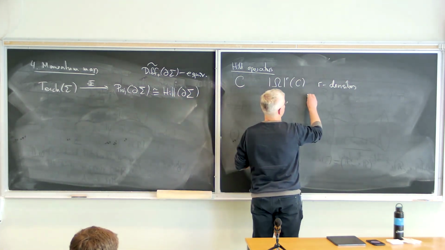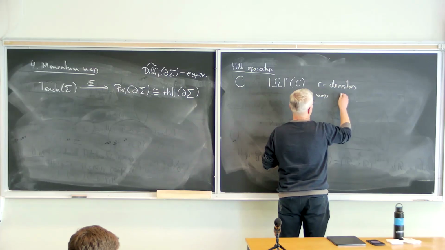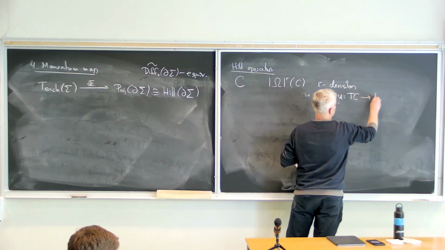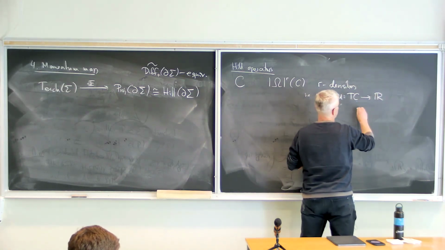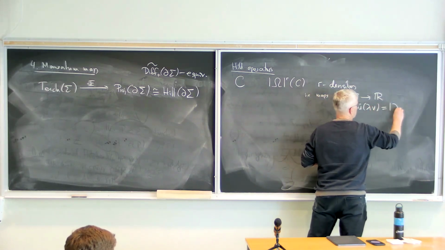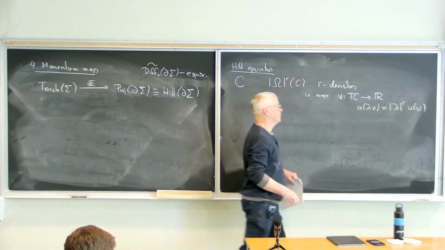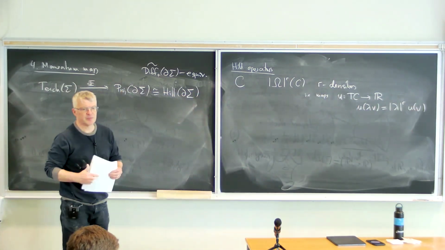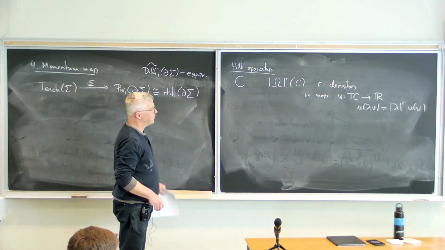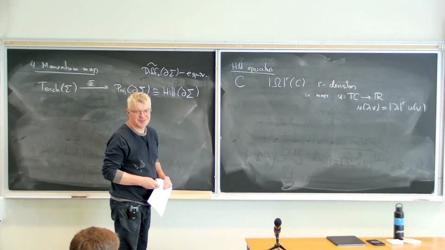It's just a map U from the tangent space to R with the property that if you scale it, it goes with a factor like this. That's an R density. So the R densities are sections of a certain line bundle over the curve.